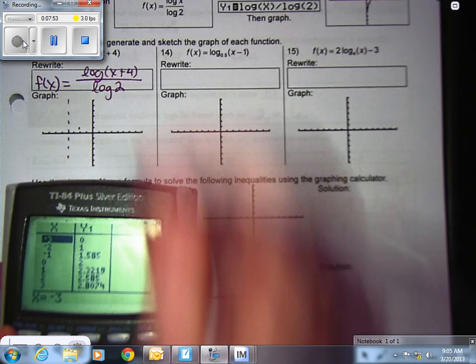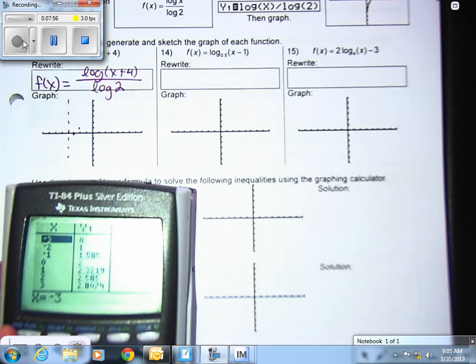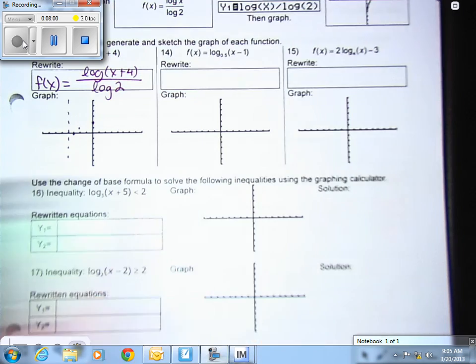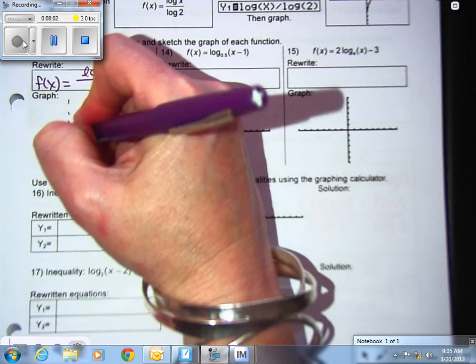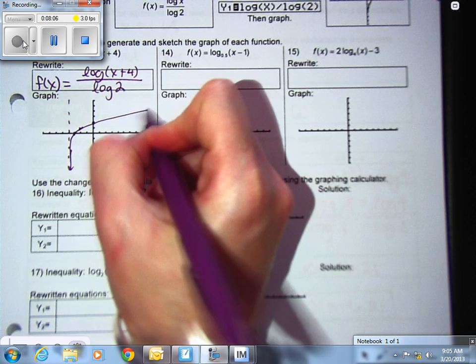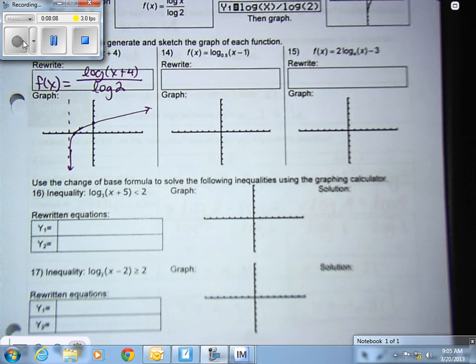When x was negative 3, y was 0. When x was 0, y was 2. And so this function is going to look like that. So now you're going to be able to use your calculator to sketch the graphs of these types of functions.